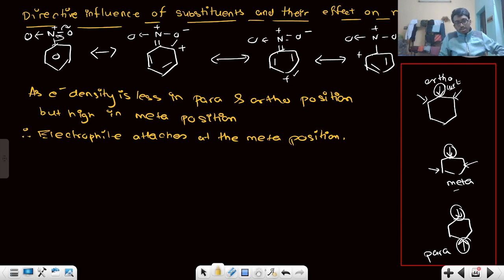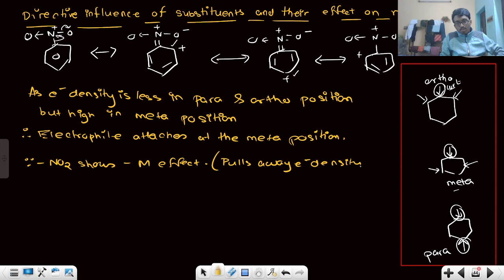Clear? Next you will write, since NO2 shows minus M effect, that is, pulls away electron density from ring.